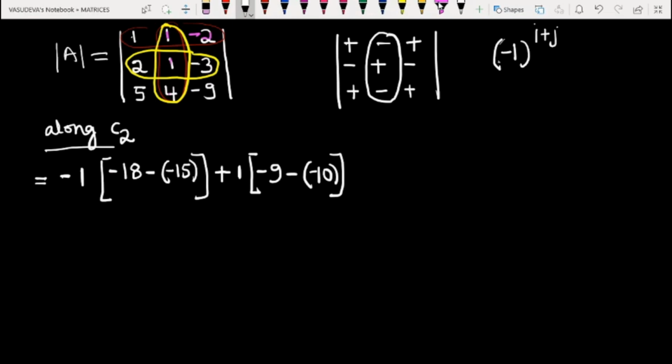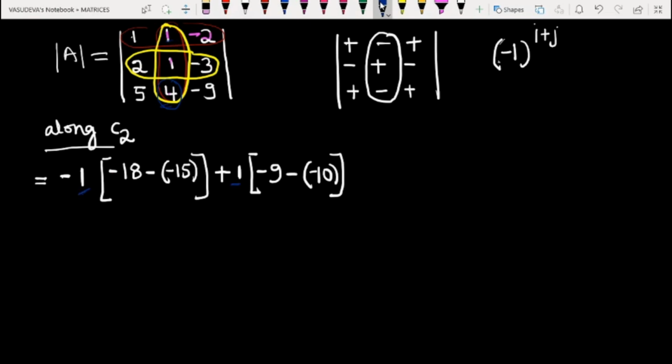Now after that the next element is 3. Now 3 is minus 3. So what is the sign scheme for that? Sorry, the next element is 4 here, because we are expanding along the column 2. First we have taken 1 here, then 1 here, and next is 1 here.